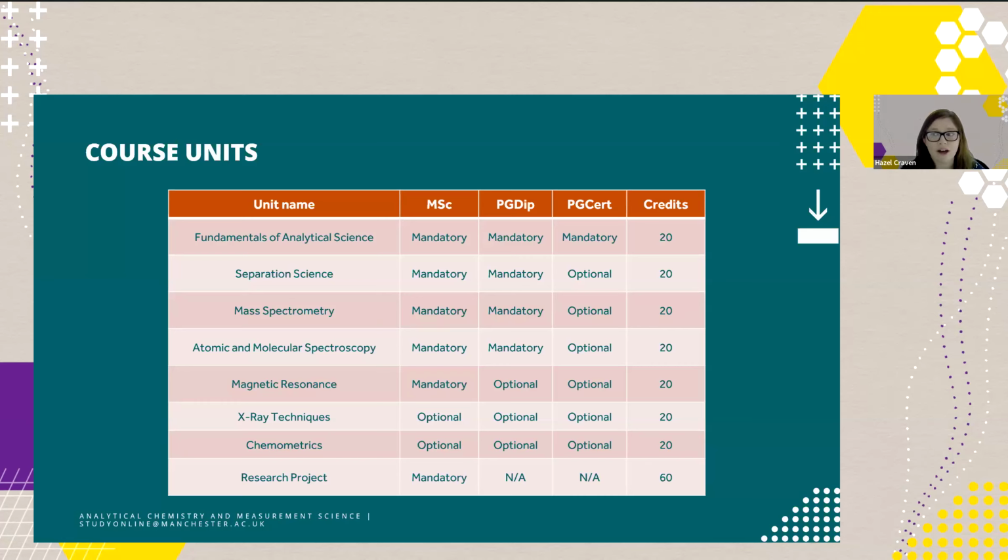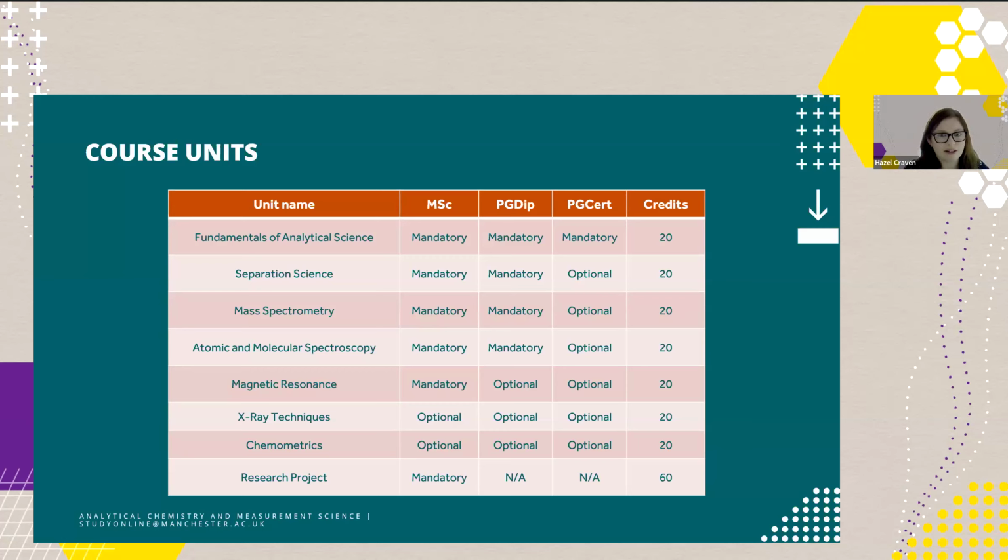There are also two further research project options, which is a computational or theoretical project, or there is also the option to come to us here in Manchester to study your research project, which I know that Andrea has just briefly mentioned, that she'd come here to do that as part of her study.